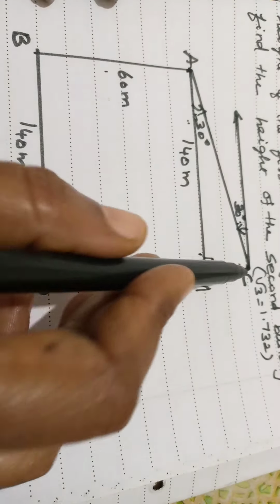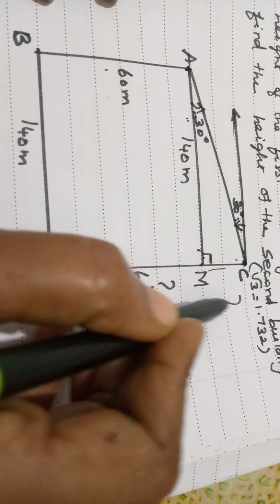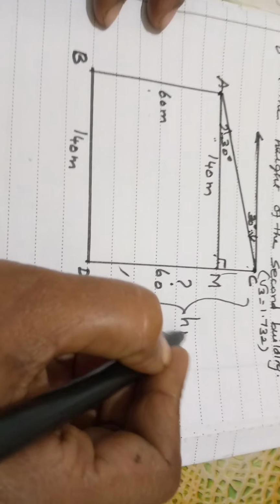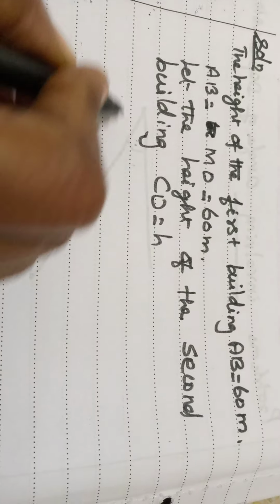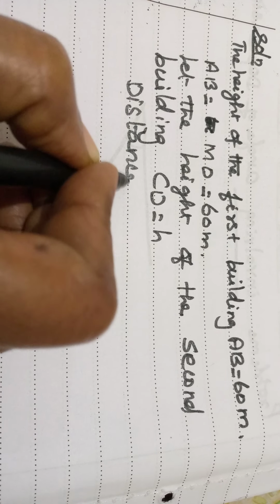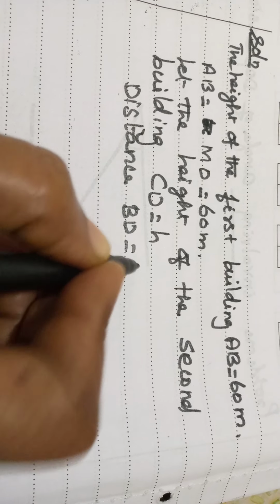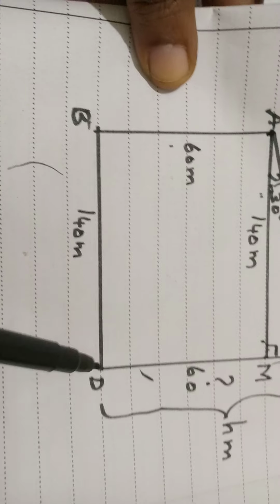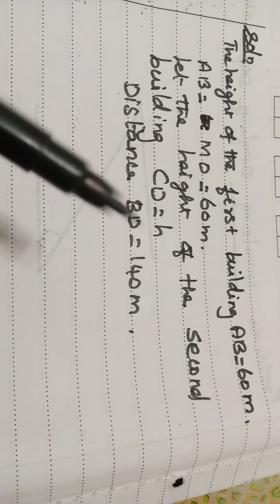This total C to D we have taken as h. So distance BD is equal to 140 meter. See here this distance BD is given 140 meter.